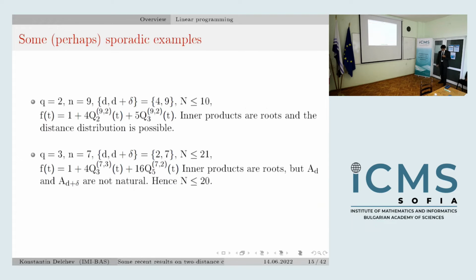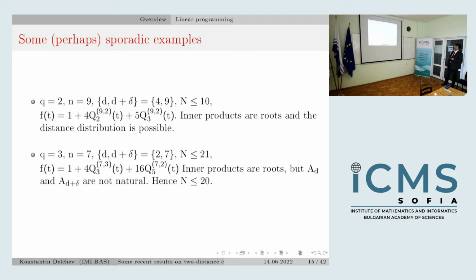And also when working on these bounds, there are some perhaps sporadic examples that are interesting to see. The first case we have is for q equals 2, so the most well-known binary case. We have n equals 9, d and d plus delta 4, 9, so we have a maximum distance here.